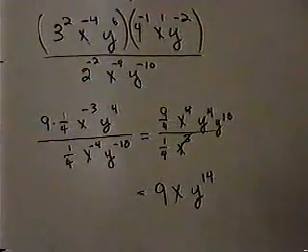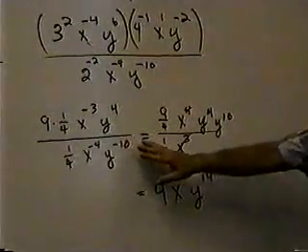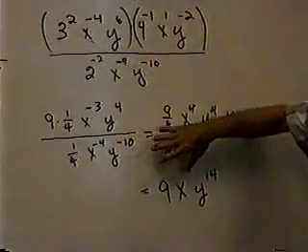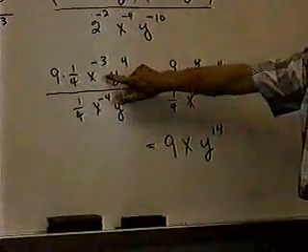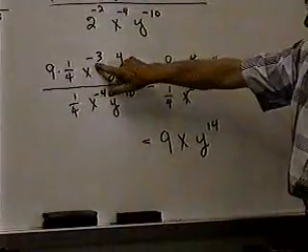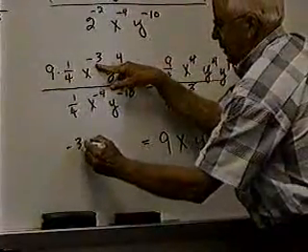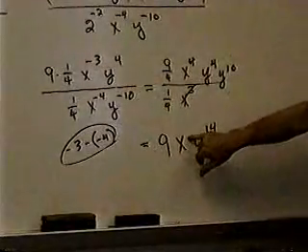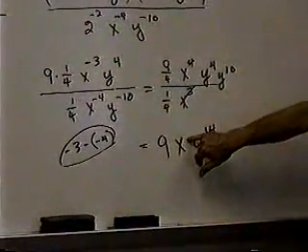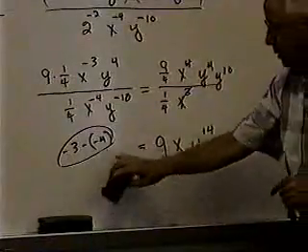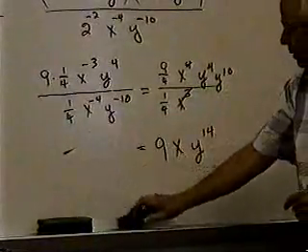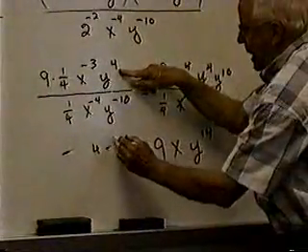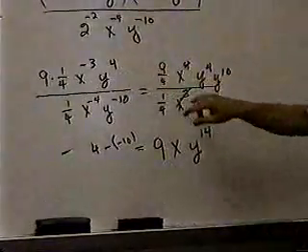All right, let's go back to here and look at another way of doing this. So looking at the answer in this. If I subtract powers, a -3 minus a -4 is a +1. 4 minus a -10, 14.